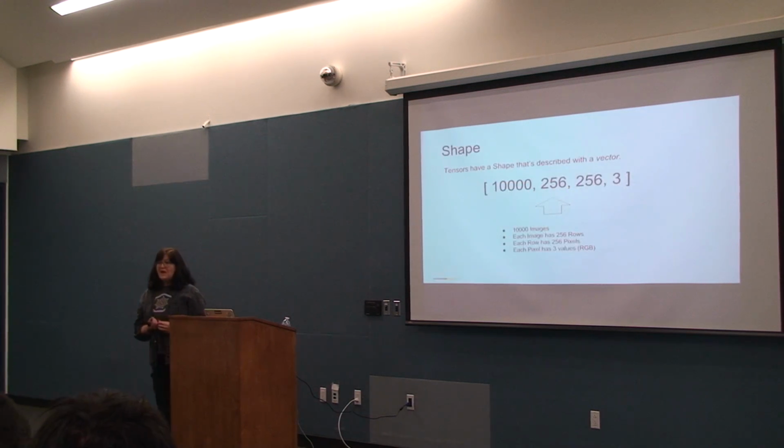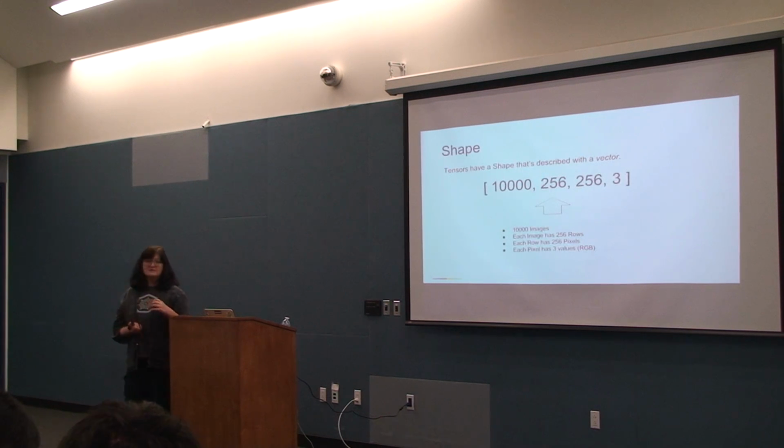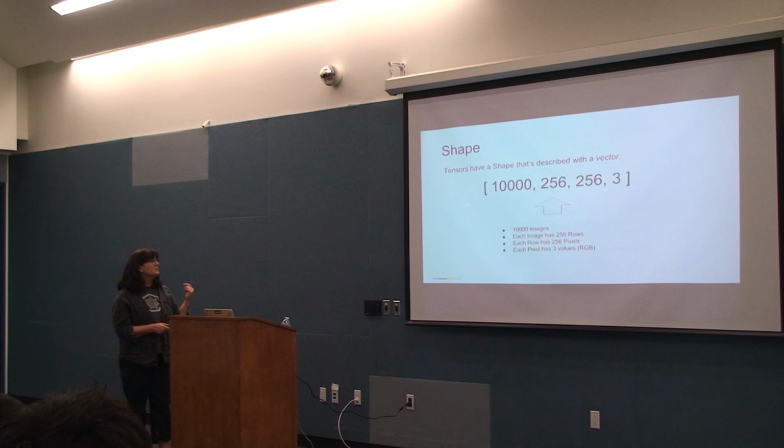So when we start actually working with tensors, something to be aware of is that when you look at the code, they're going to be described in terms of these shape vectors.